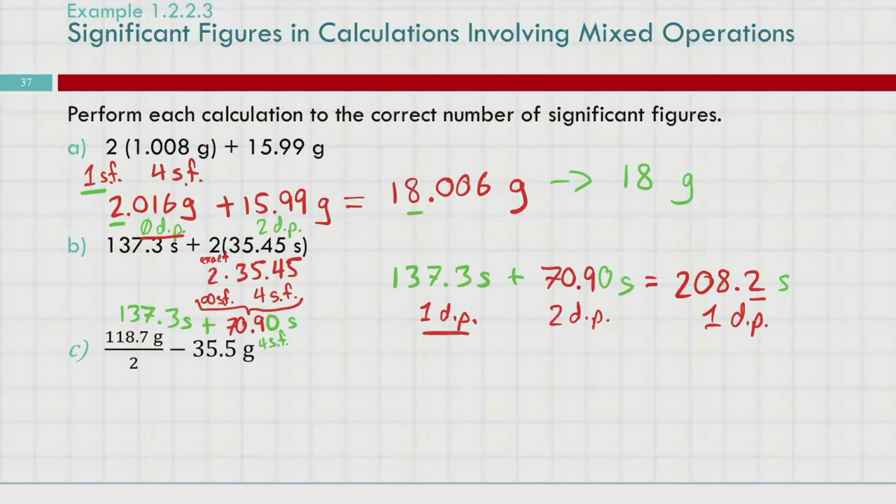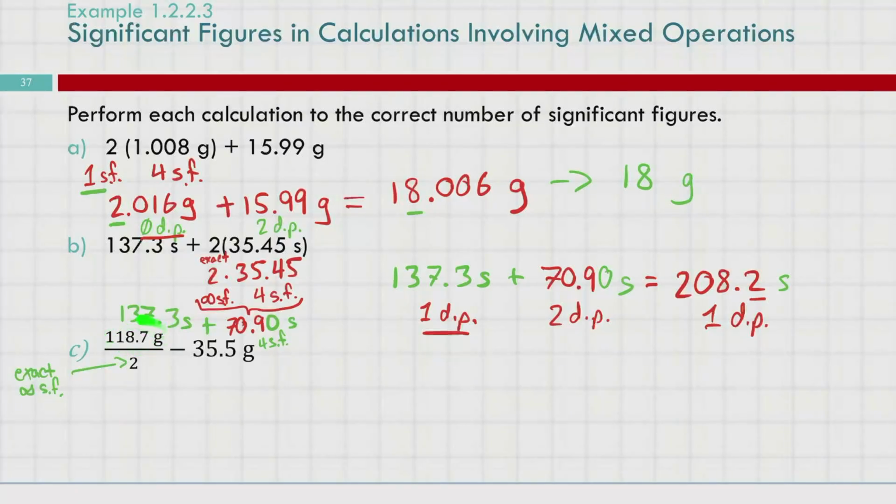All right, for C, our italic C example, again, we'll assume that this 2 is exact. So that'll have infinite sig figs. What's the first operation that we're doing? Addition, subtraction, multiplication, or division? Divide.